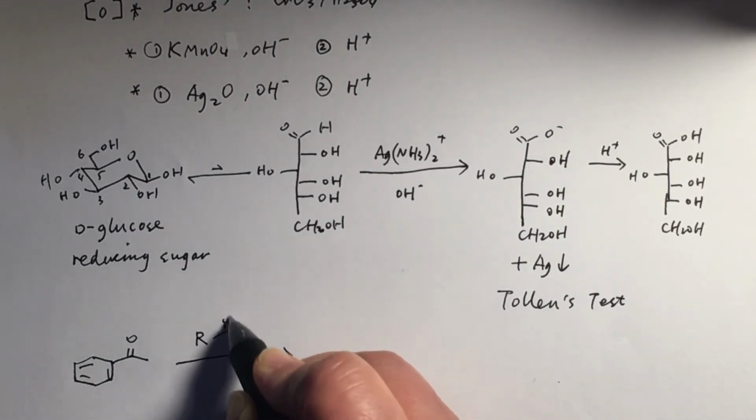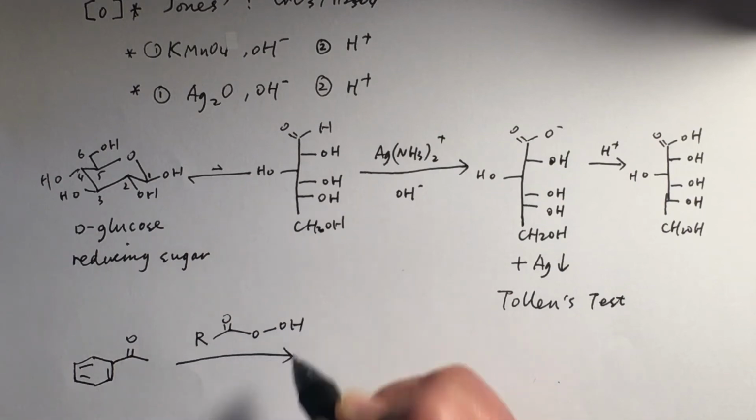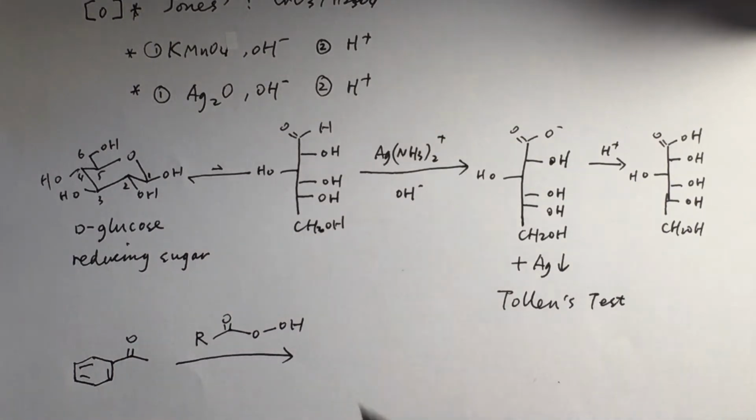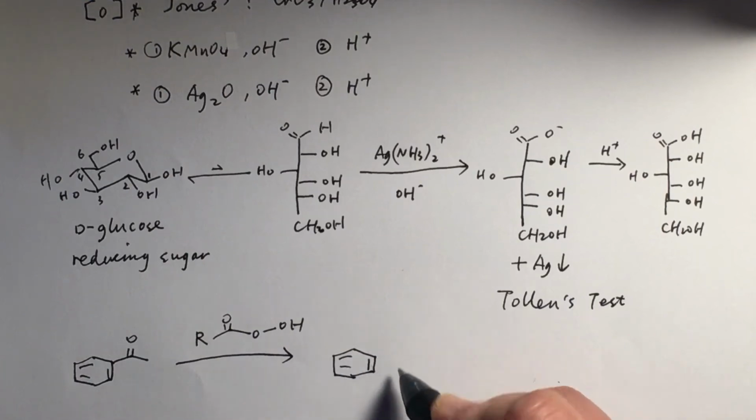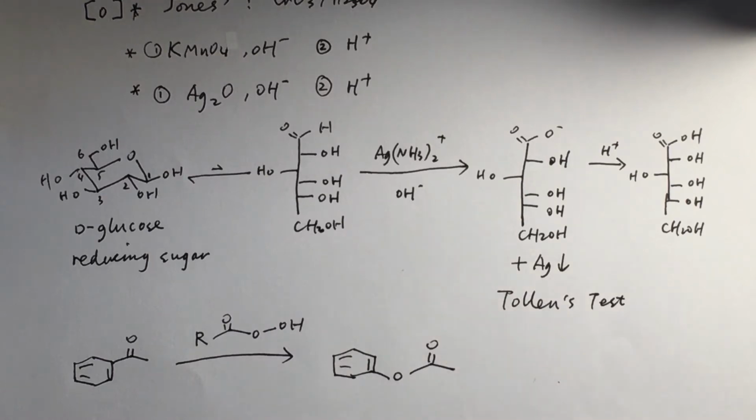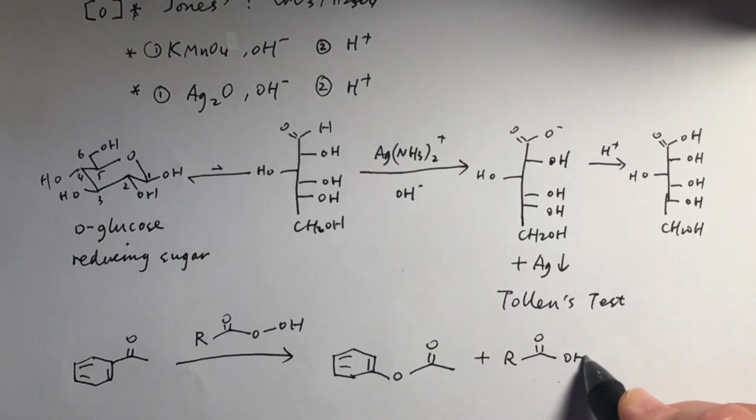Let's use a general peroxy acid over here. And essentially a product like this, phenyl acetate, could be generated with a byproduct of the carboxylic acid.